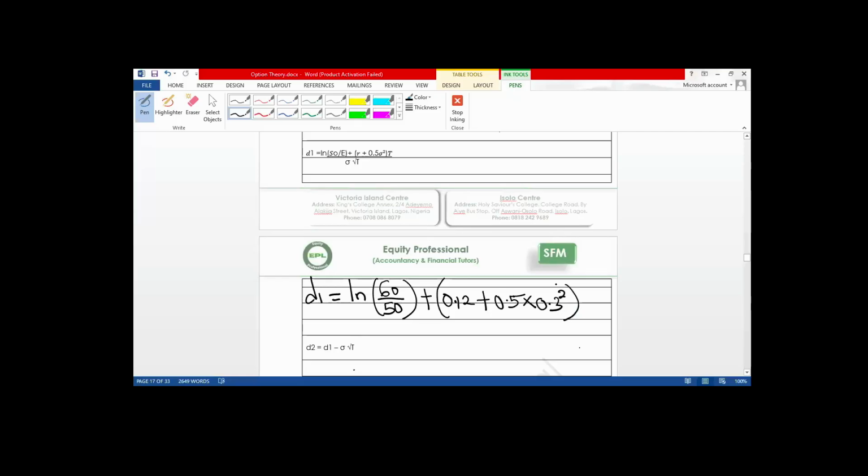Everything multiplied by T, multiply by 2, divided by volatility 0.3, multiply by the square root of 2. Please apply your calculator.